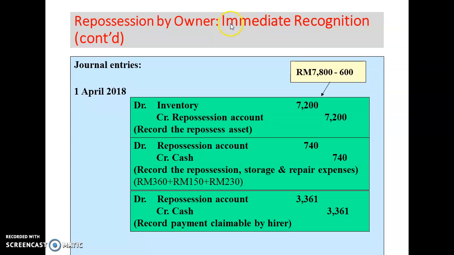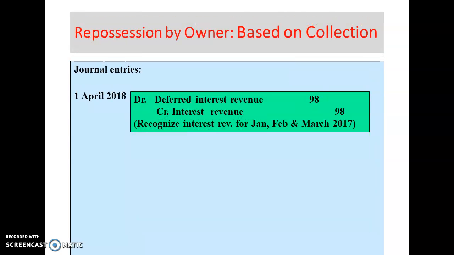Alright. So all these entries are made if the owner uses immediate recognition of profit. Now what is the difference if the owner recognizes its profit based on collection? If it is based on collection, actually the entries are the same.